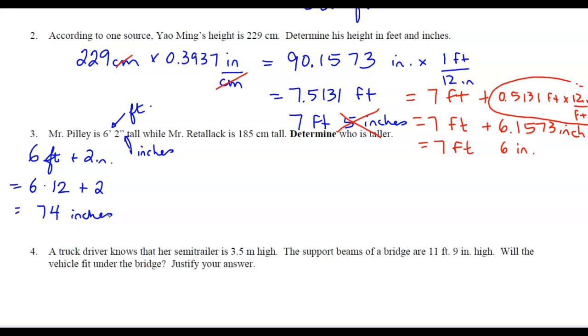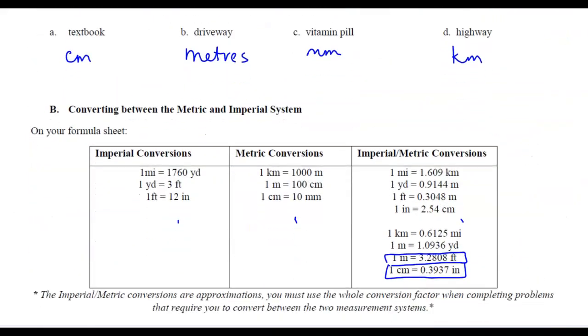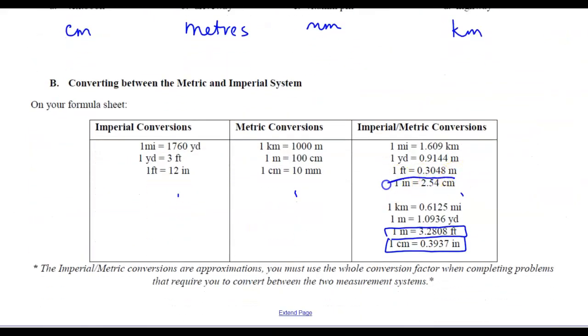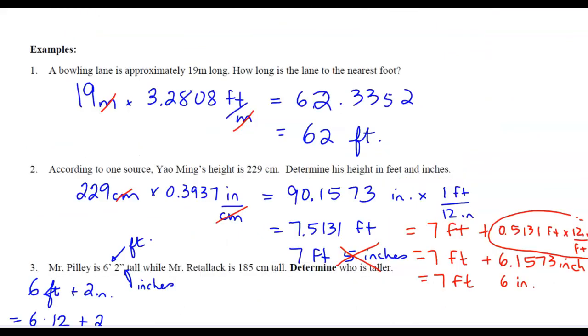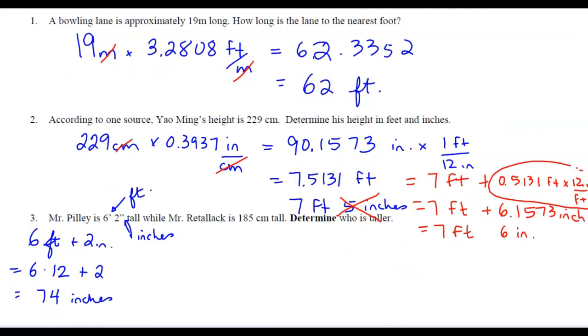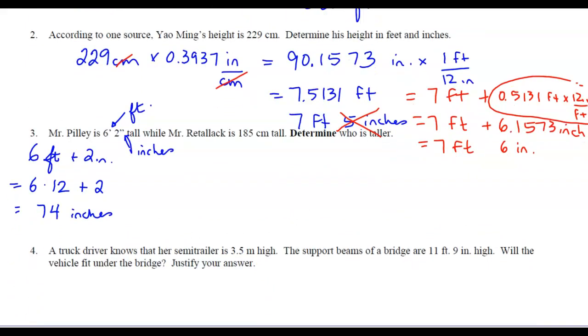Okay, so to convert that to centimeters, then for each inch, you can look for the conversion. So 1 inch is 2.54 centimeters. That's a pretty common calculation. You might end up memorizing that one just because you use it a lot.